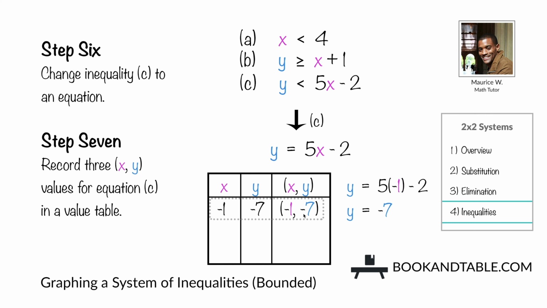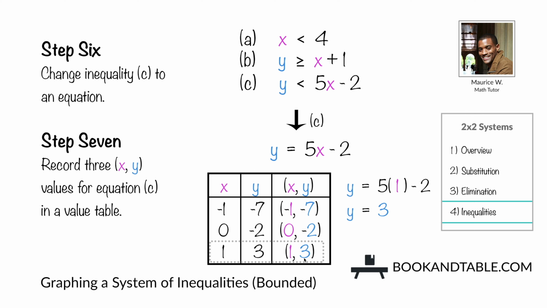So negative 1, negative 7 is the first point in the value table. When x is 0, y is 5 times 0, which is 0. 0 minus 2 is negative 2. So when x is 0, y is negative 2. And the third point, when x is positive 1, y is 5 times 1, which is 5, minus 2 gives us 3. So the third point is x is 1, y is 3.